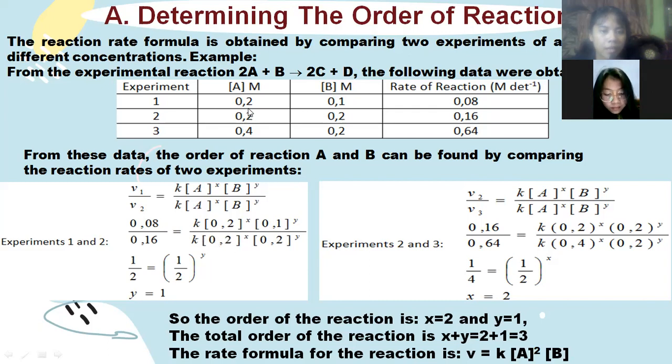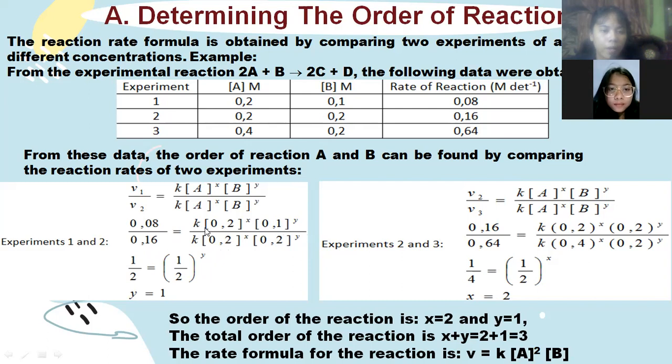This is the A concentration in the second experiment, X degree, times 0.2 as the B concentration in the second experiment, Y degree. So we find that 0.08 over 0.16 equals 1 over 2.